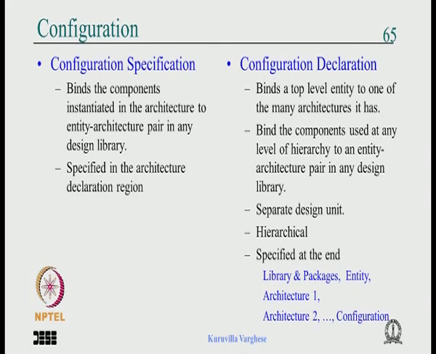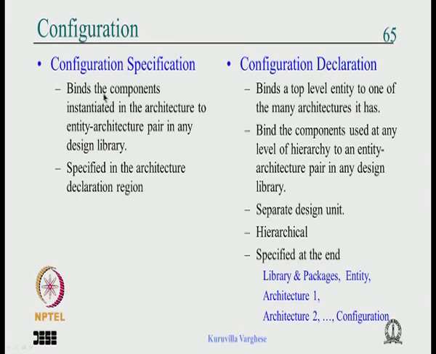So the configuration specification is specified in the architecture declaration region, and it binds the component instantiated in the architecture statement region to a particular library. That means when you say configuration specification, we are going to instantiate a lot of components in the architecture statement region, and those components can be declared in the architecture declaration region.